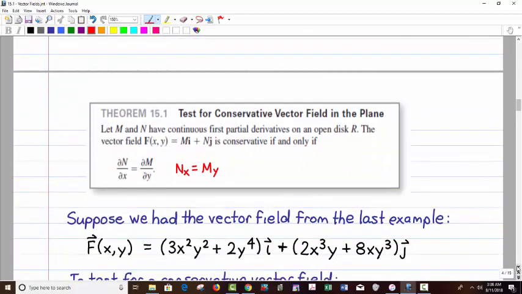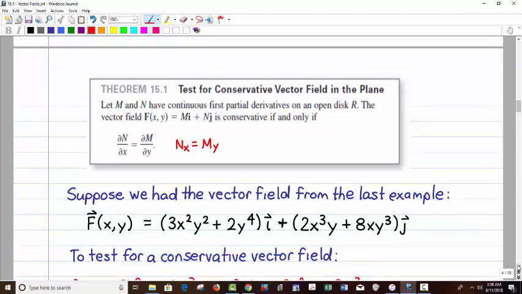Now here's how you test. This is going to be different for space vectors than for plane vectors. A lot of stuff we've done in this class, whether it's 2-dimension or 3-dimension, a lot of times the same rule applied, but not in this case.